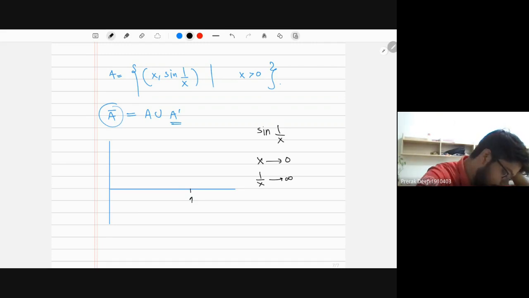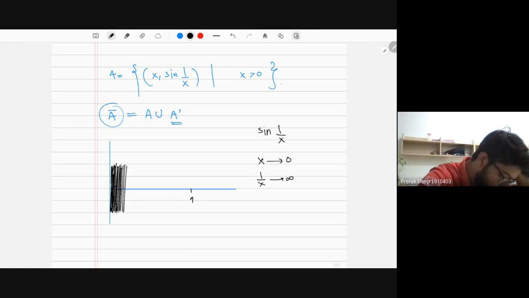So how will it look? It will look like straight lines. It will be that close. Then slowly you can see the graph coming out.